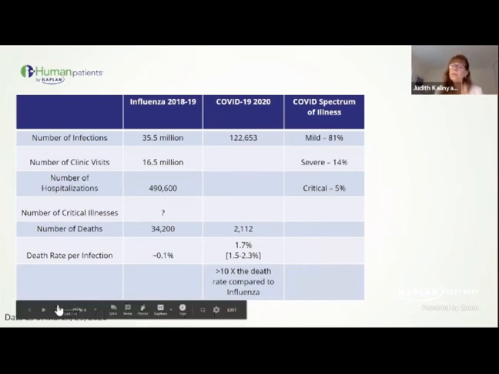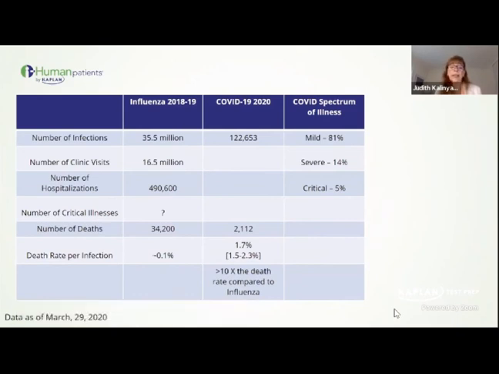And so sometimes people wonder, why are we so concerned about COVID? The real reason is the death rate is 10 times that of the death rate we find in influenza. The second reason is that in influenza, we have what's called herd immunity, which means we've immunized the vast majority of the population. Thus, we're not going to have that rapid spread.